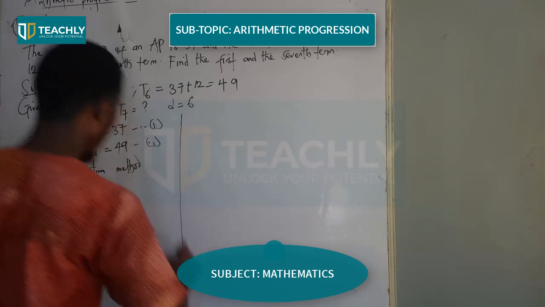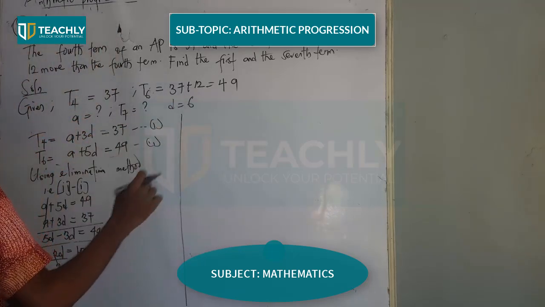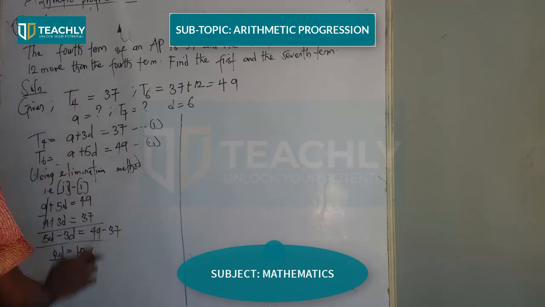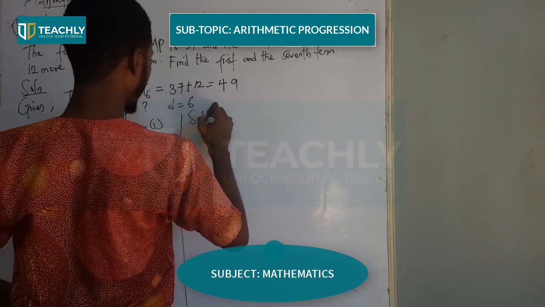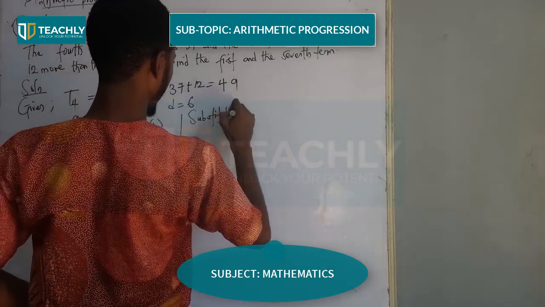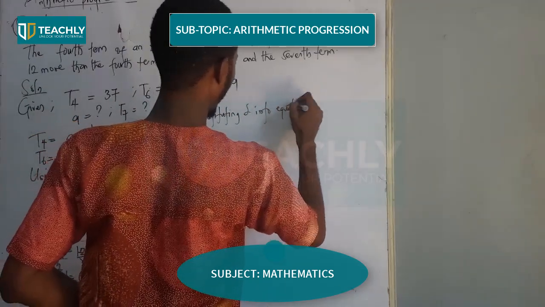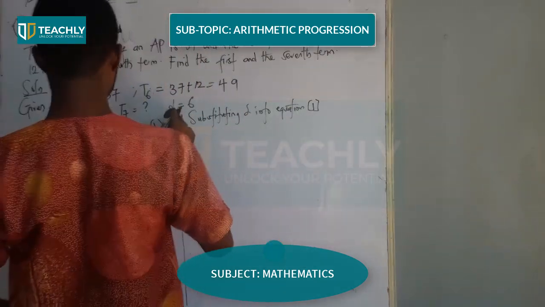And now that is done, we're going to use substitution method. So let's look for a simpler equation, which is the first one. So I can now say substituting D into equation 1. So I have my D to be 6, right?